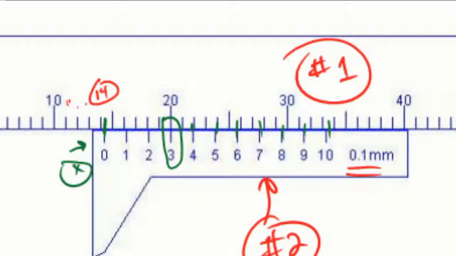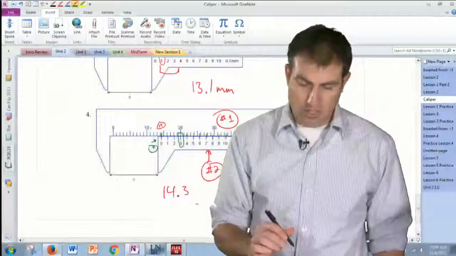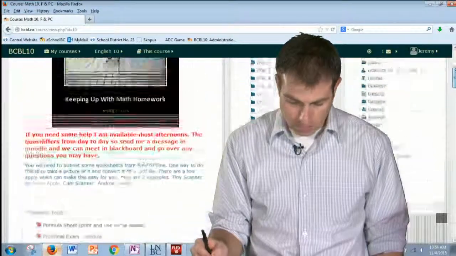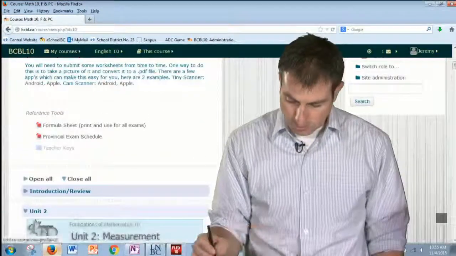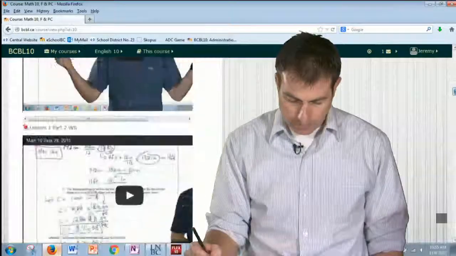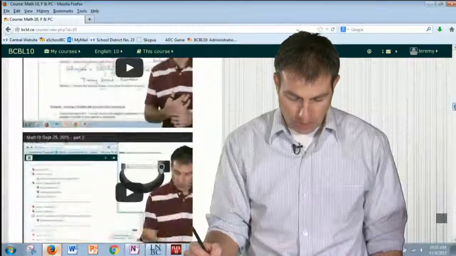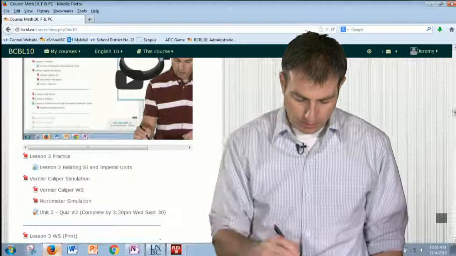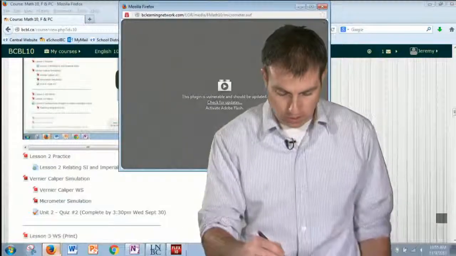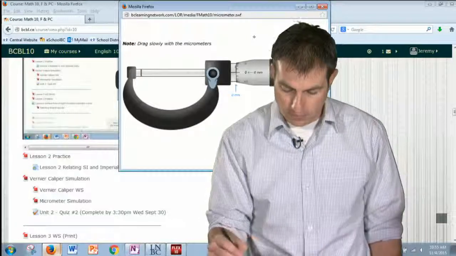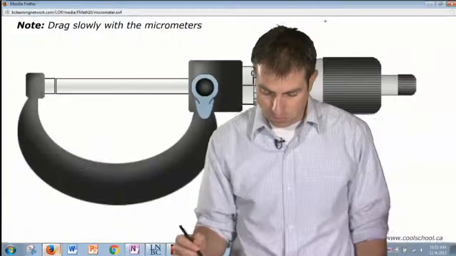So micrometer type questions, the reason I didn't spend time on them is they don't come up very often, but we can go back to the course and look at a micrometer question, I guess. Let's bring up the micrometer simulator. It was just something that I've only maybe seen one or two micrometer type questions on an exam in the last like 5 or 6 years, so it's not necessarily the most important thing.